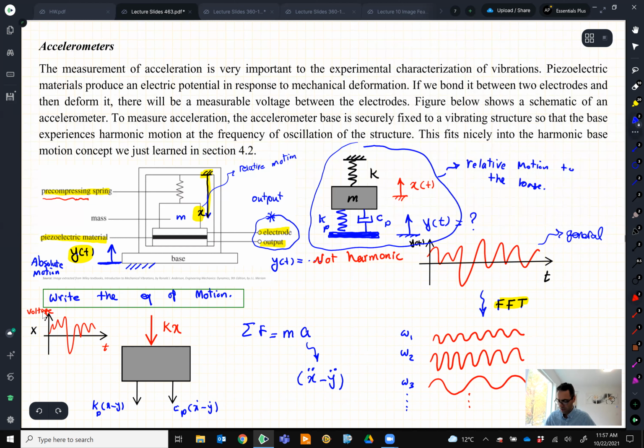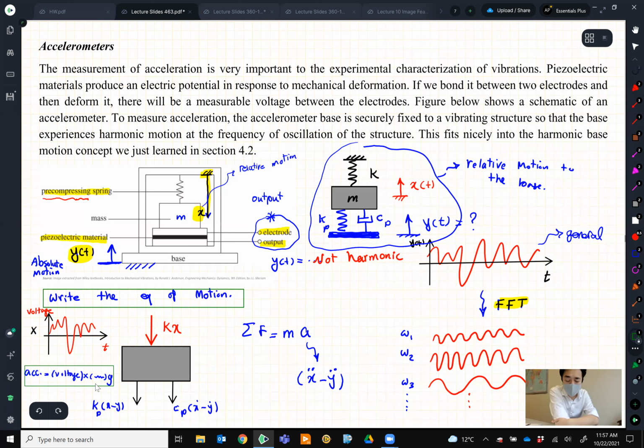And for this voltage, the manufacturer gives you a number. They say the actual acceleration is equal to the voltage that you measure multiplied by this number G, which is sometimes a 2-3 digit number. They give you this number. All right? Does that make sense?